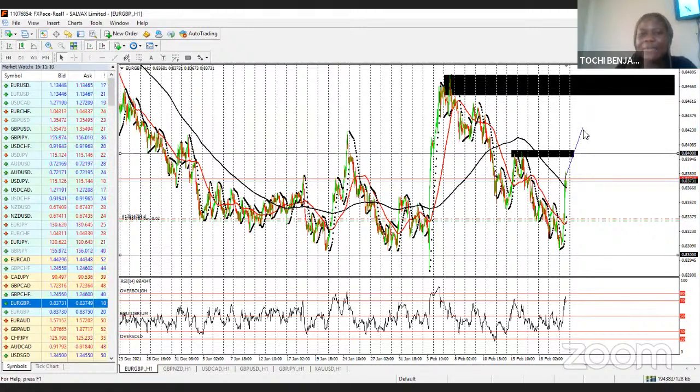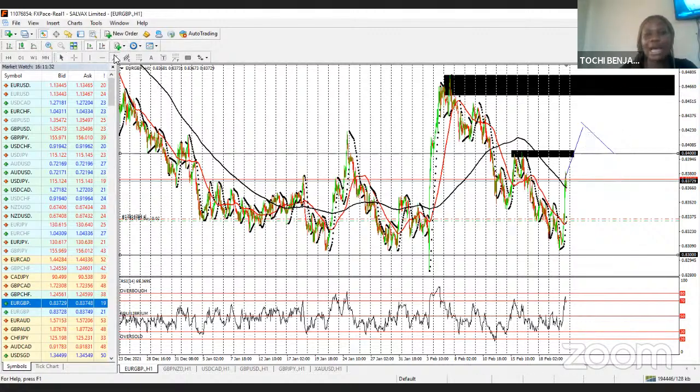No. If you're buying here, you're chasing price. You have to wait for a retest of a broken resistance. It could retest exactly at that level or come lower. But when price has broken a resistance or support level, we can't just pursue price and enter immediately for a buy. We wait for a retest.